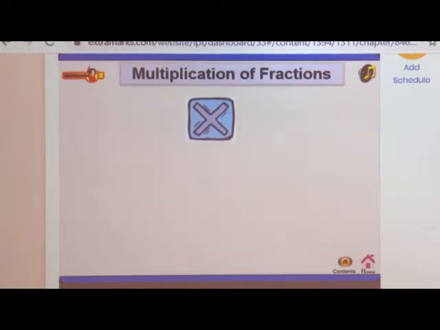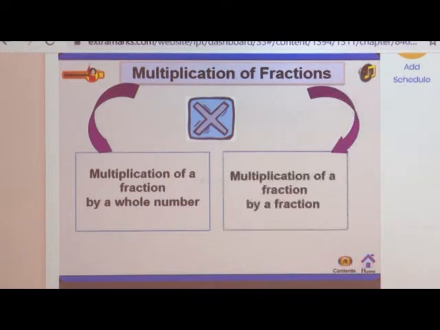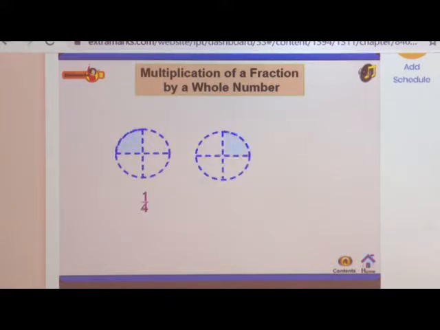Now, we will study multiplication of a fraction by a whole number and multiplication of a fraction by a fraction. Let us understand how to multiply a fraction to a whole number. Observe the figures. Each shaded part is 1/4 part of a circle.